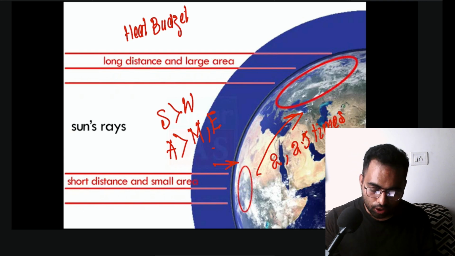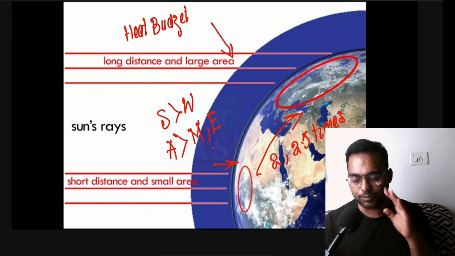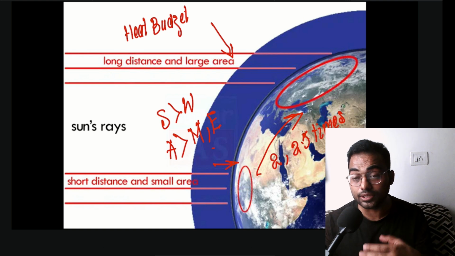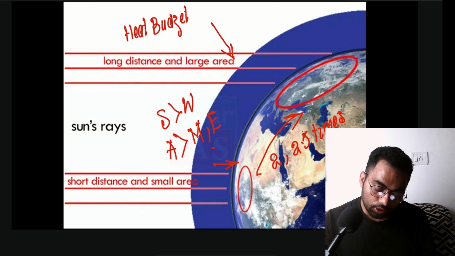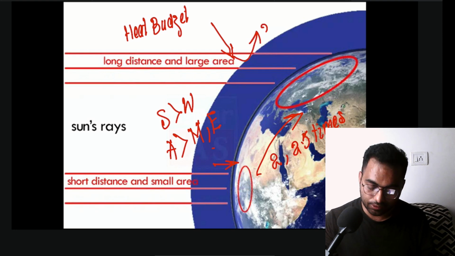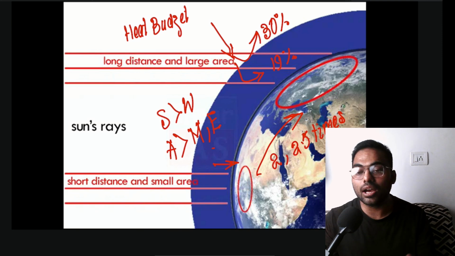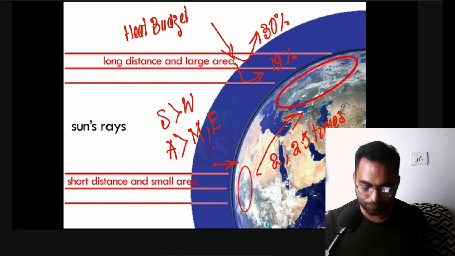Heat budget. Of all the rays which the sun receives, of all the insolation that the earth receives, nearly 30% of it is reflected back. Nearly 30%. And 19% is absorbed by the earth's atmosphere.